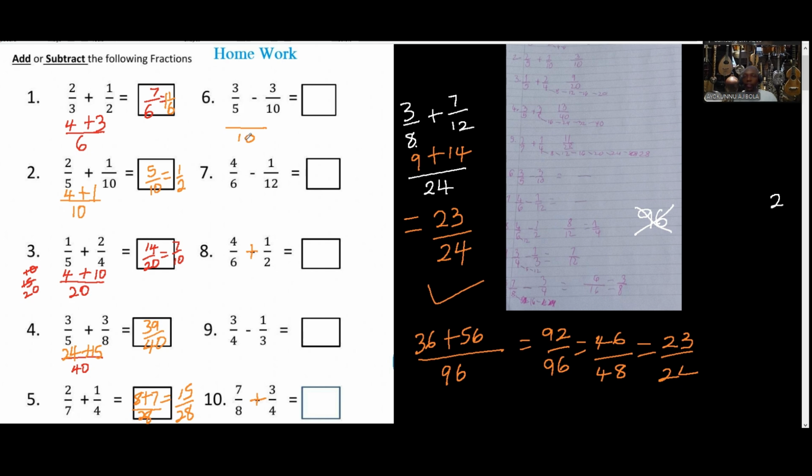So how many 5 is in 10? That's 2. 2 times 3, that's 6, okay? Then minus, 10 in 10 is 1. 1 times 3, that's 3. So 6 minus 3 is 3 over 10. Is that clear?